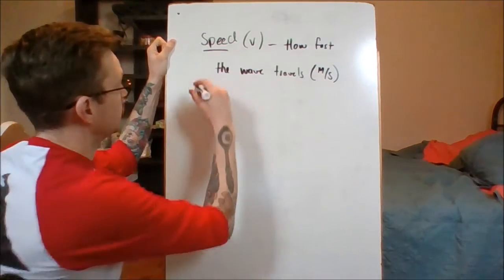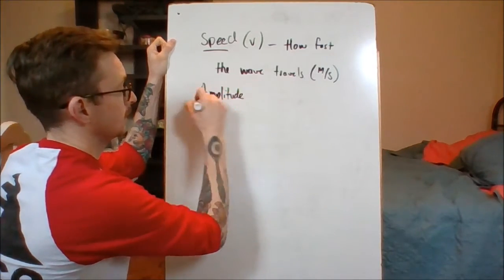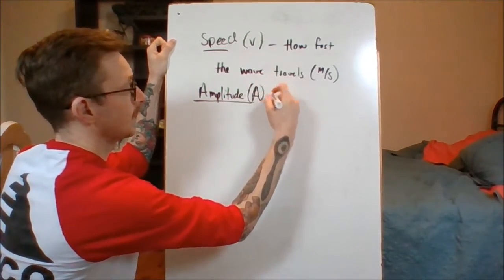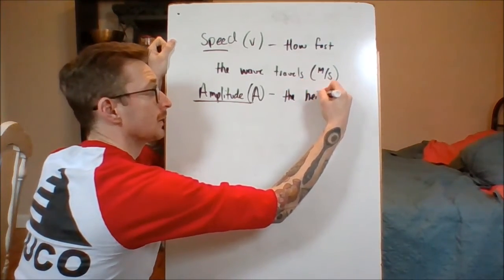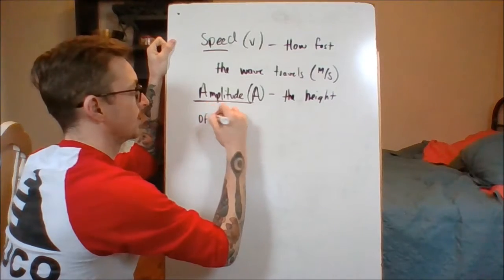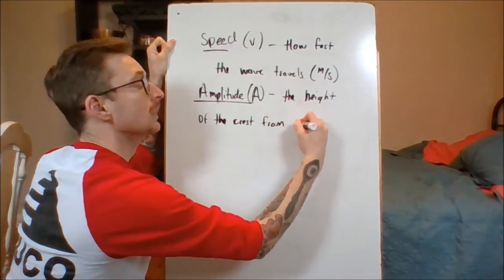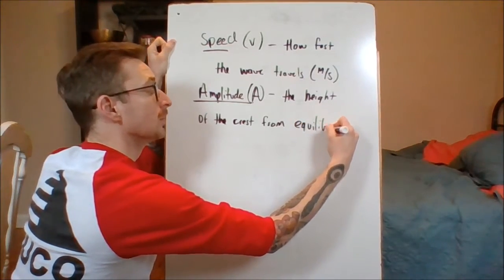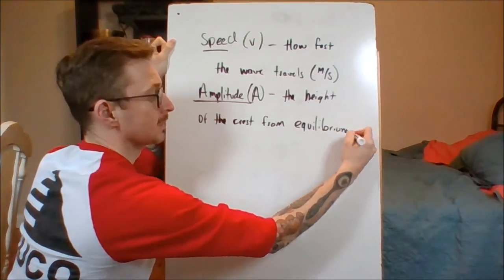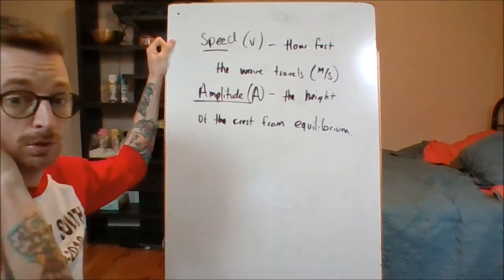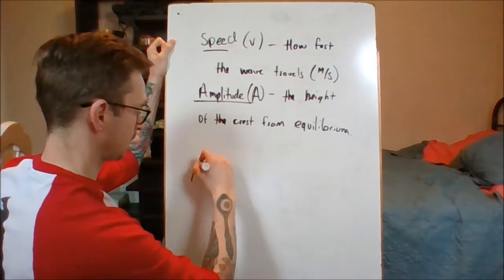And then amplitude. This is big A. And this is the height of the crest from equilibrium. So a wave would look kind of like this here.